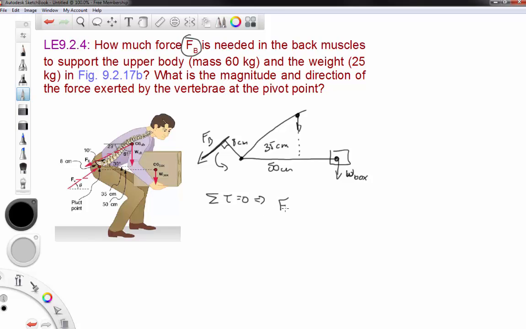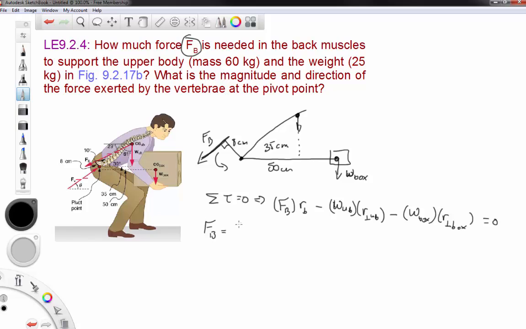So we would basically say force of back times the pivot distance, whatever you want to call this distance, we'll call it R_B for back, minus the weight of the upper body, W upper body, times the perpendicular distance, R perpendicular upper body, which is this distance, minus the weight of the box times the R perpendicular for the box. So this is equal to 0.